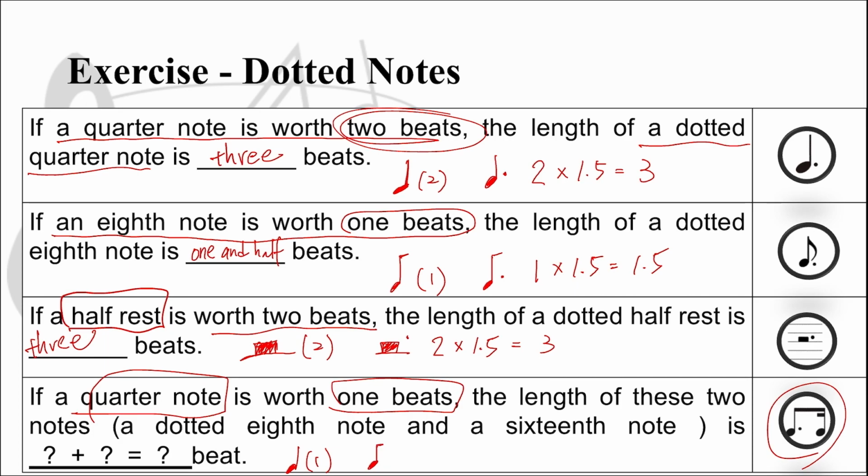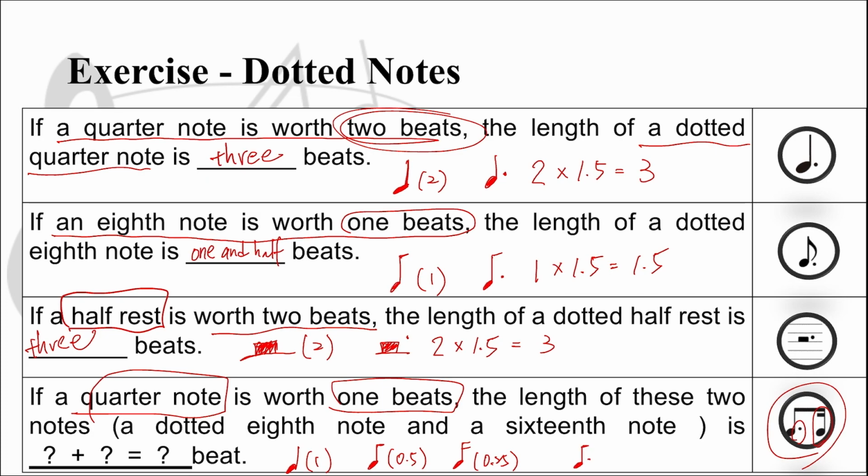This is an eighth note. This is 0.5, and this is a 16th. Right here we have a 16th, and these two we need to add together. Because here we have a dot, right?